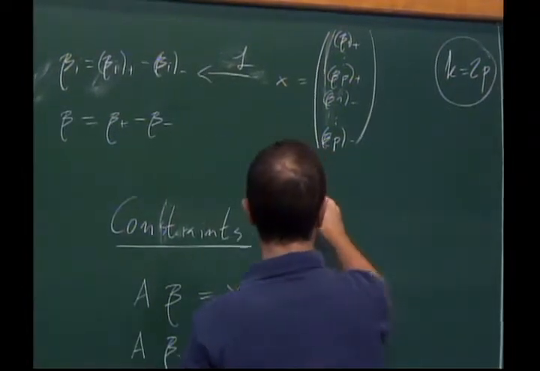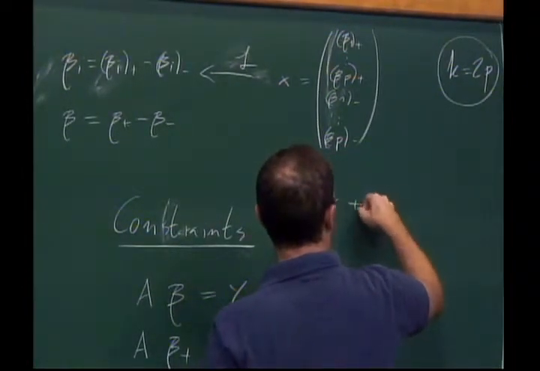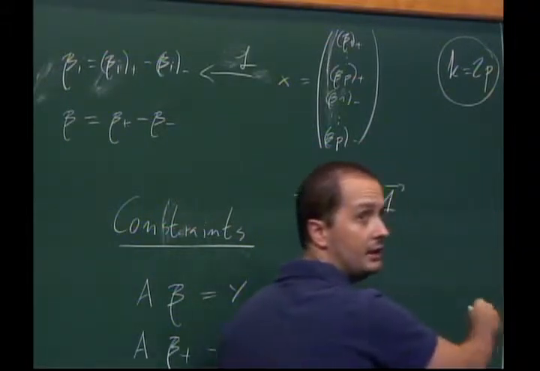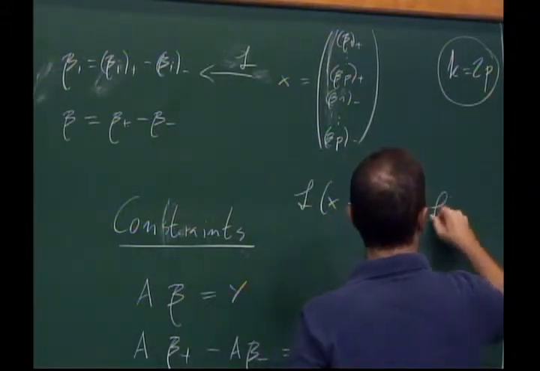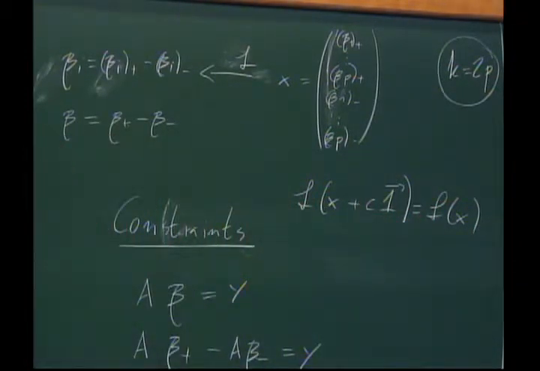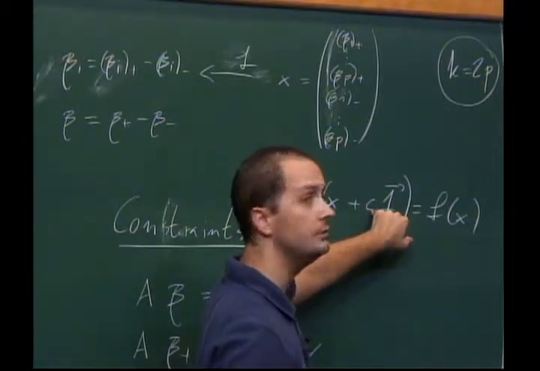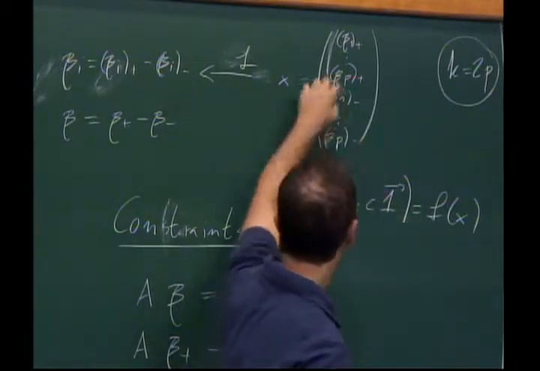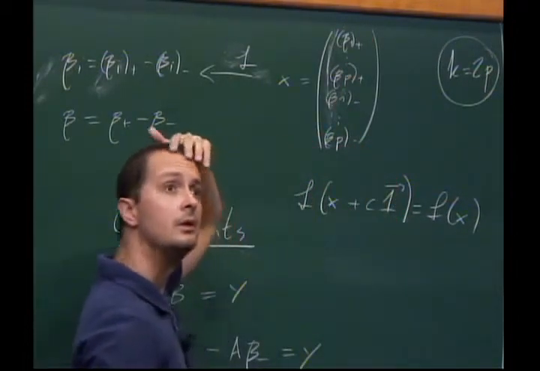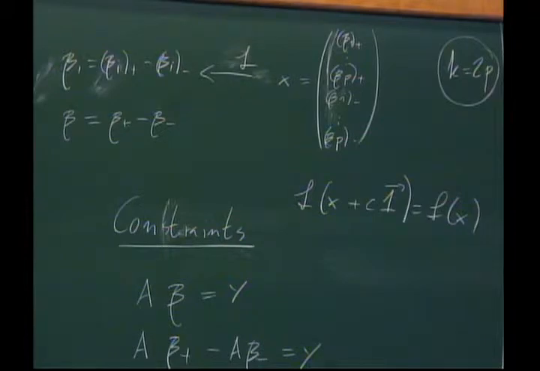And this linear map has the following property: if I add a multiple of the all ones vector to x, the vector I have over there, it gives you the same result. Actually, this all ones vector is in the kernel. There are more vectors in the kernel. Actually, a vector that has a 1 here and a 1 here is also going to be in the kernel. Right? So that's essentially the issue.